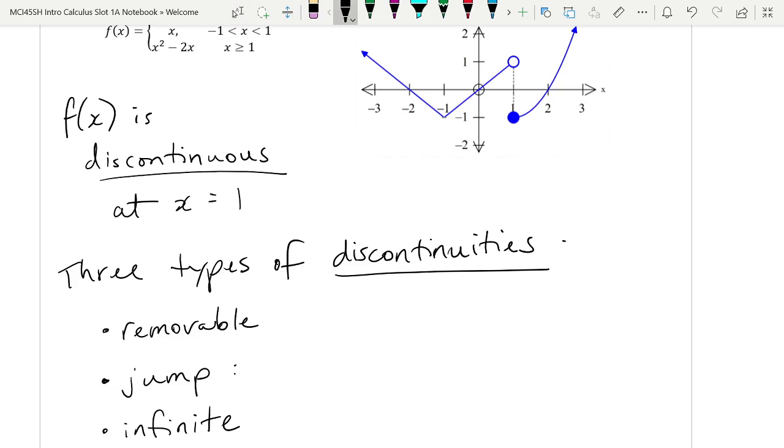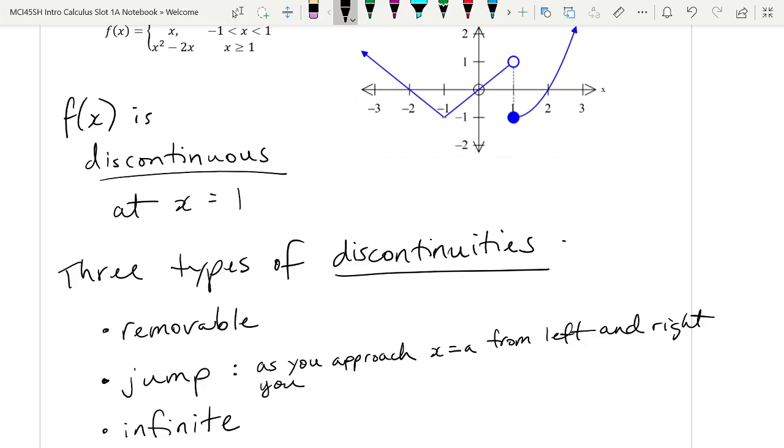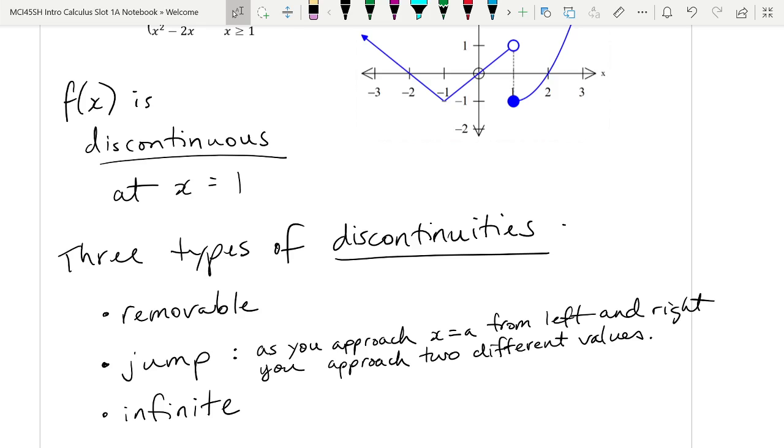A jump discontinuity means as you approach x equals a from left and right, you approach 2 different values. So that's my jump discontinuity. Sorry that I'm writing kind of crooked there.